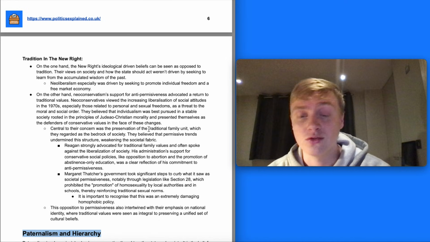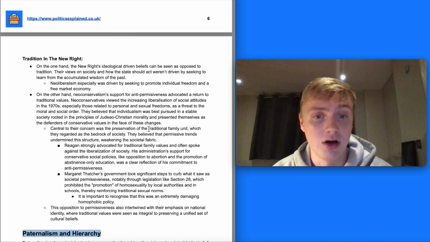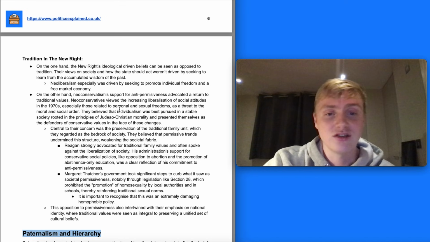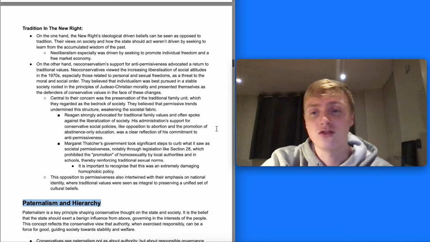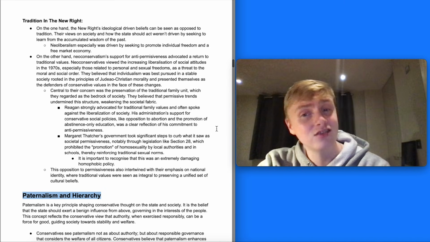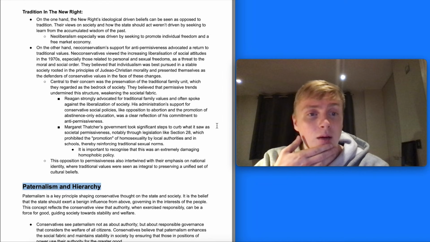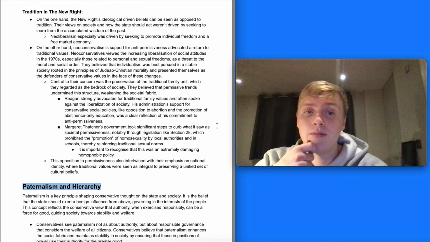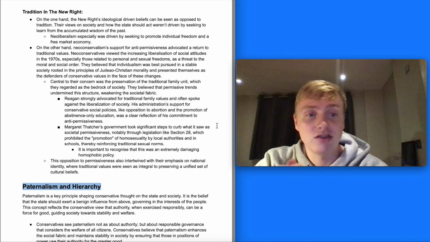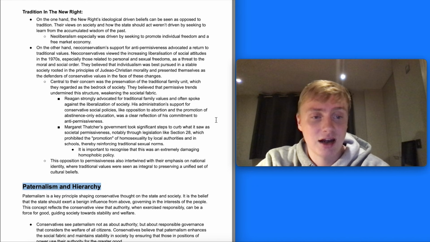Often a lot of these views were quite homophobic as well. So they really emphasise this preservation of the traditional family unit as they saw it, which they saw as the bedrock of societal stability. So in this regard, we can see them as supporting tradition within society, and you see that in some examples here in the policies of Reagan and Thatcher.